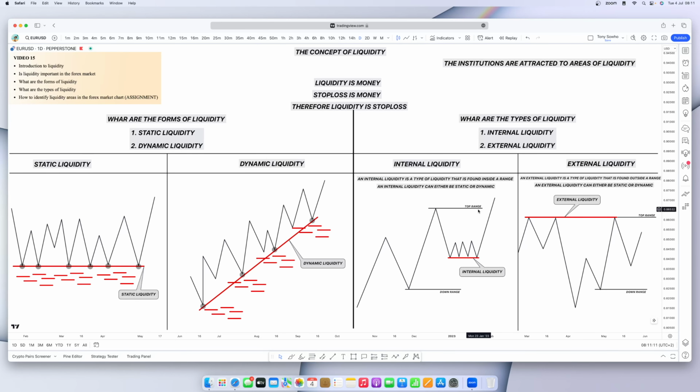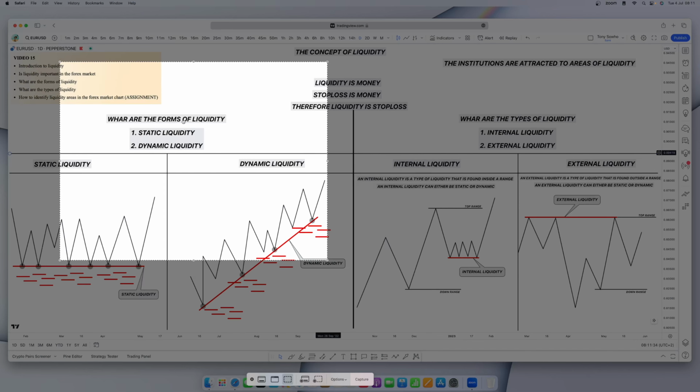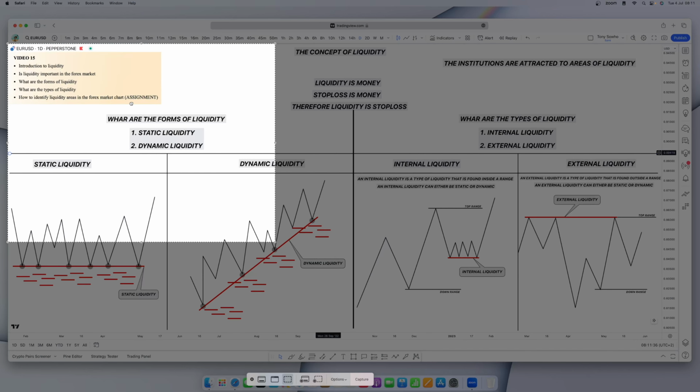Yes. So now that leaves us with the last thing, how to identify liquidity areas in the market chart. We're going to be going to examples now. I'm going to be showing you examples of static liquidity, dynamic liquidity, internal liquidity, and external liquidity. So let me just take a screenshot of this quickly before we proceed.